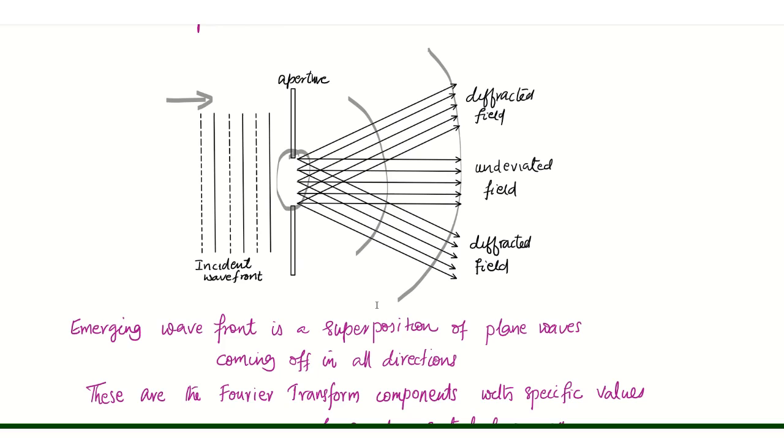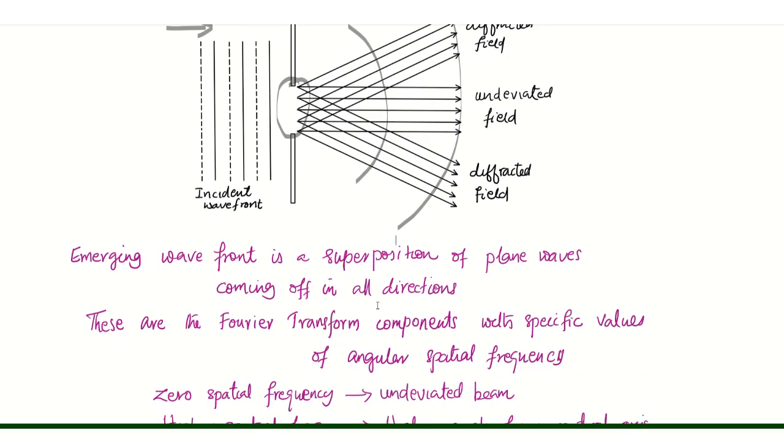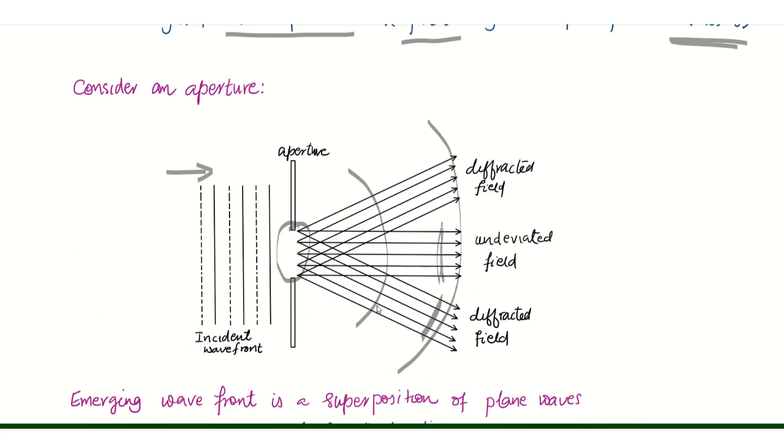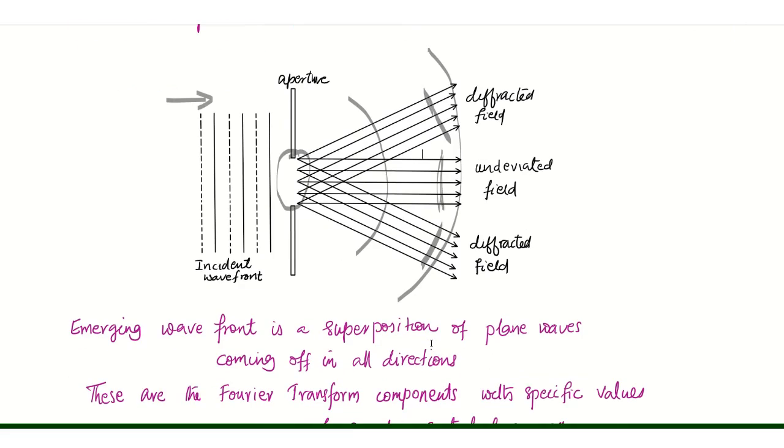The emerging wavefront is a superposition of plane waves coming off in all directions. Because you can consider this as a plane wave that is coming off in this direction. Here you have a plane wave, this is the undeviated field. Then here you can have a plane wave, or you can consider this actual wavefront here as a superposition of this spherical or whatever wavefront you're going to get here.